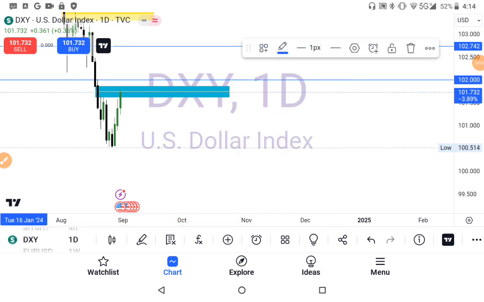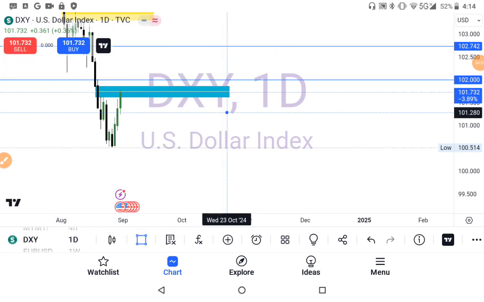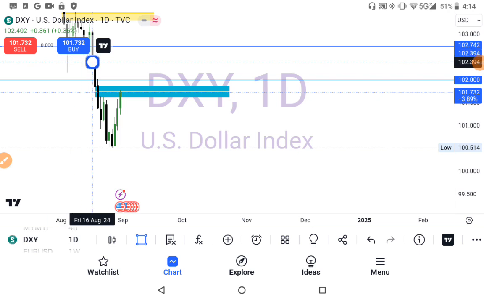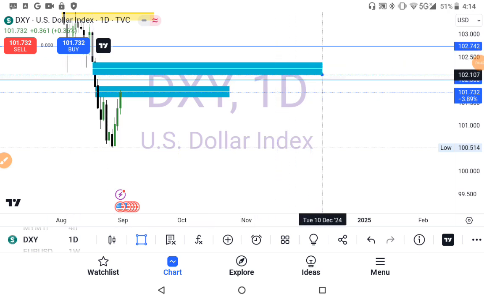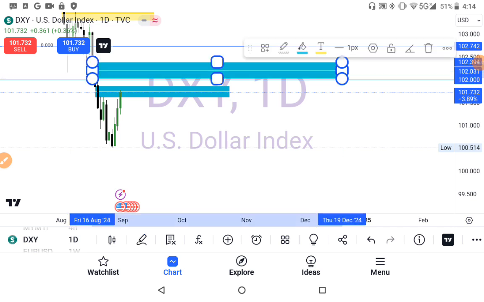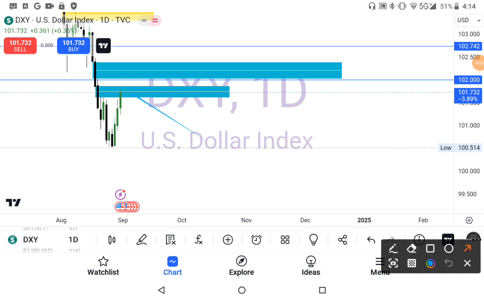This is a CB here as well. CB is a sell side imbalance, a buy side inefficiency. So we have two CBs. We have a CB here that has been traded into, and we have another CB here.